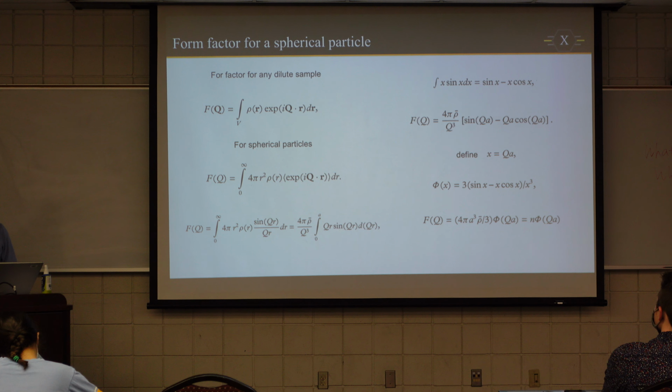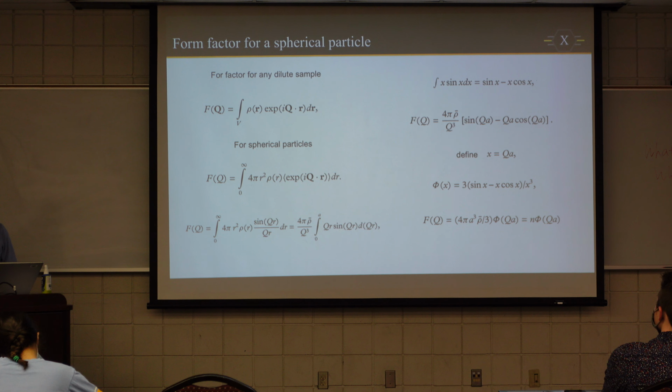Let's review it slowly. Integrate over all the volume the electron density of your material. This is the integration of the scattering vector Q multiplied by the distance vector R within your given material.